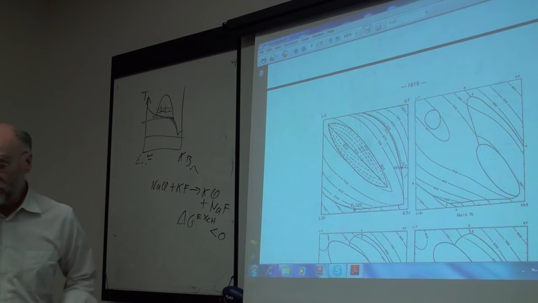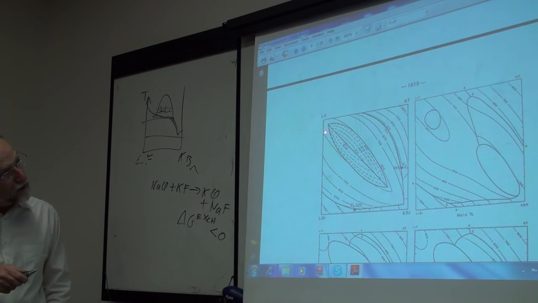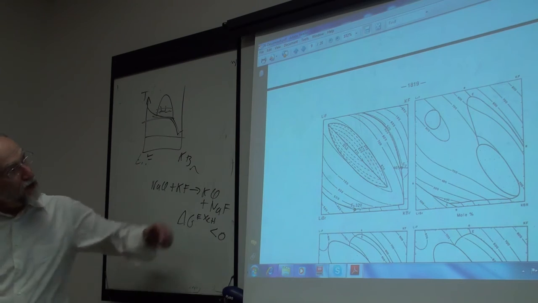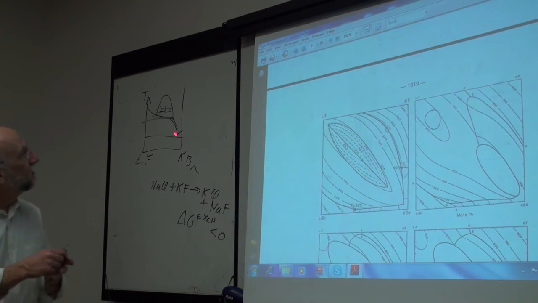So this is also very typical of these molten salt systems, of reciprocal systems: along the stable diagonal you have positive deviations, which, if the delta G exchange is negative enough, can actually be a miscibility gap, and the tie lines in the miscibility gap are generally centered along the stable diagonal. Okay, so as you go along this phase diagram, it comes down, then you have a two liquid region.